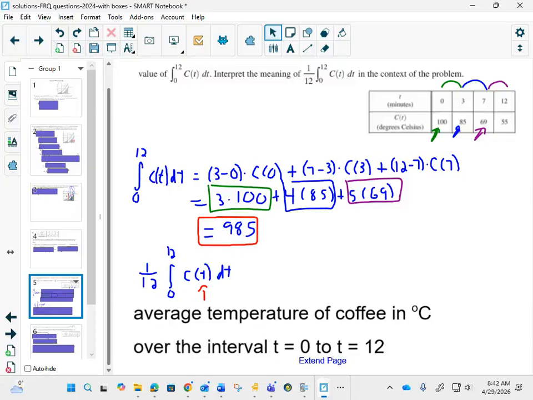We're taking the average of C of T, the temperature over the interval from 0 to 12. This was from the 2024 exam, seeing how they ask different things within the same question. We went from a Riemann sum to an average of a function.